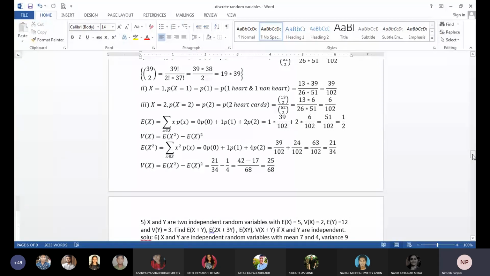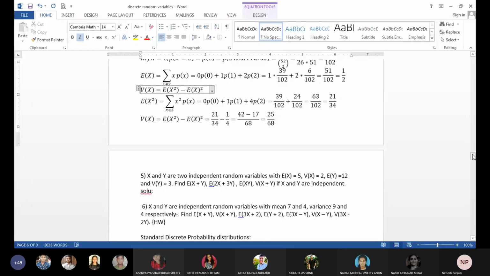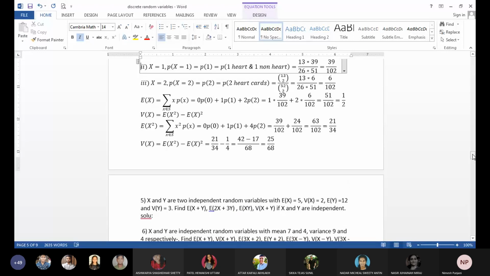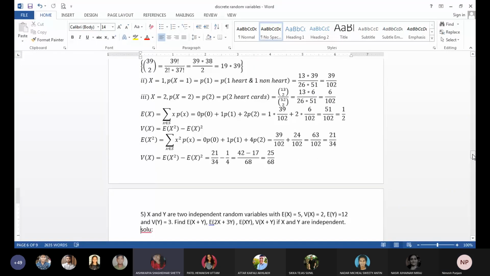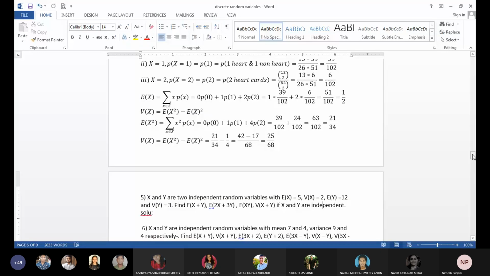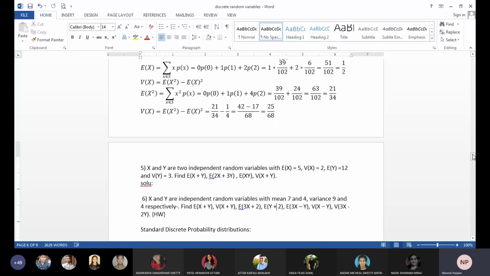Yes, this sum is clear. Yes, sir. Okay. So sum number 6 तो homework है.